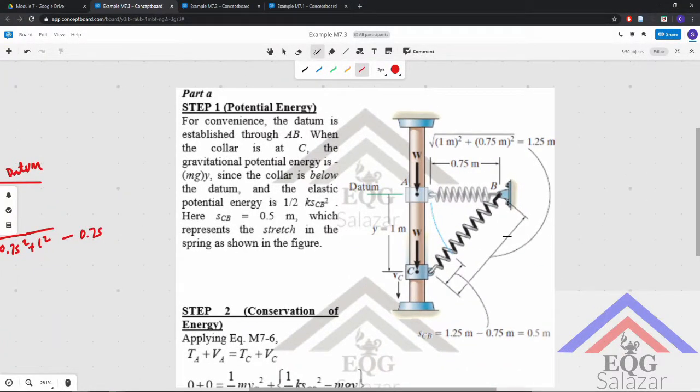Okay, so for part A, potential energy, datum is established through AB. When the collar is at C, the gravitational potential energy is negative mgy.